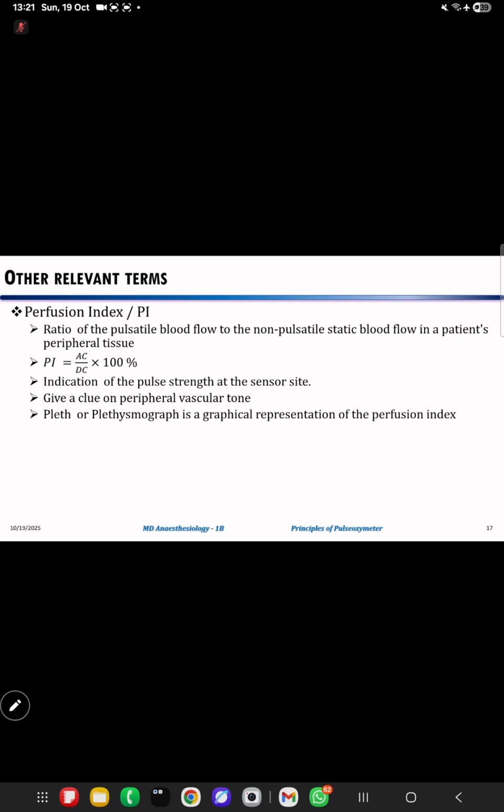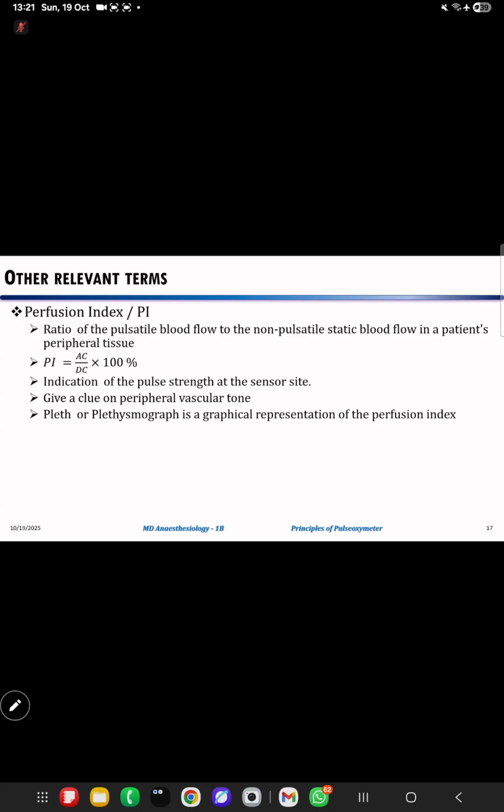It indicates the pulse strength at the sensor site, and it gives a clue on the peripheral vascular tone. So when the vessels are dilated, you have a higher PI, or perfusion index.